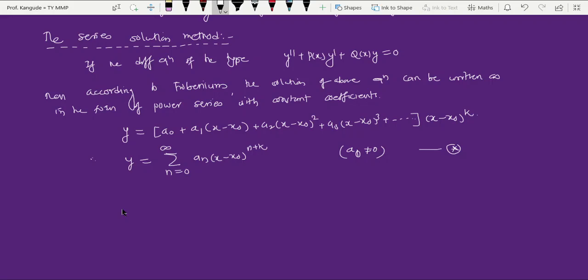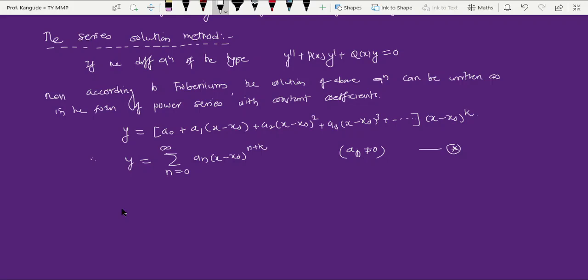Now here this x0 is our singular point or ordinary point, whatever point we choose, regular singular point or ordinary point, and then this series can be expanded. The first term is a0 into (x minus x0) raised to k, the second term is a1 times (x minus x0) raised to 1 plus k, the third term is a2 times (x minus x0) raised to k plus 2, and so on.